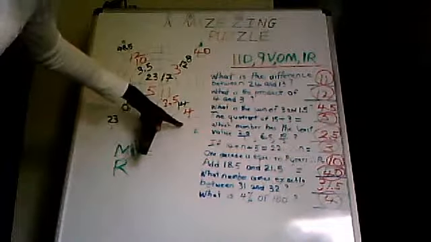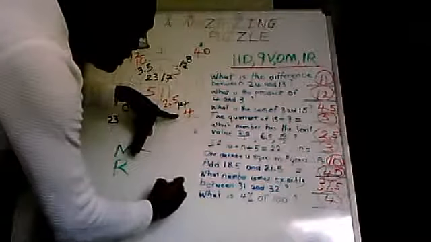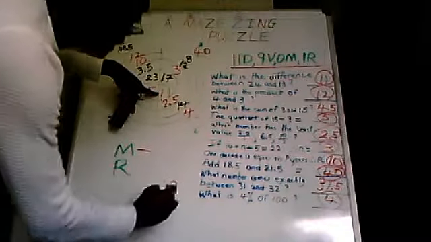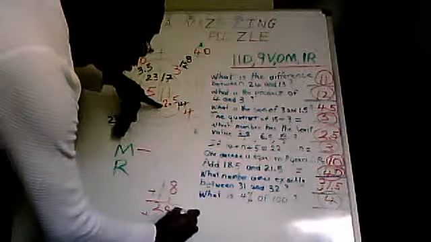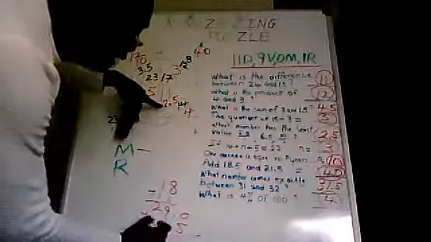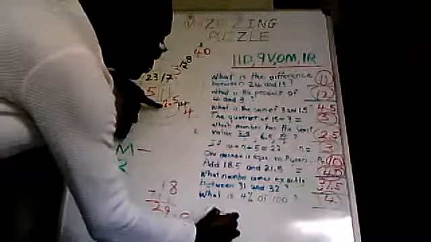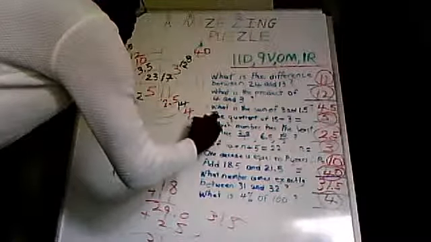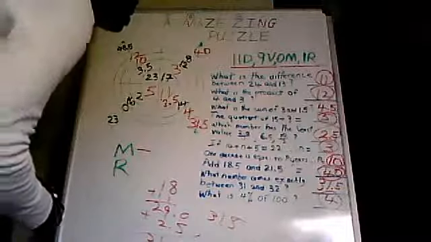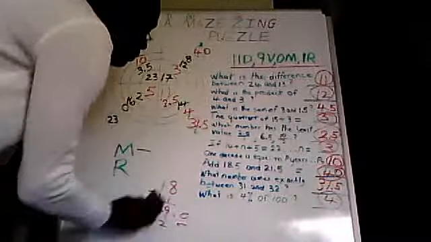Now for this second sector, we have 14 and 4, that's 18, plus 11, that's 29, plus 2.5, we get 31.5.